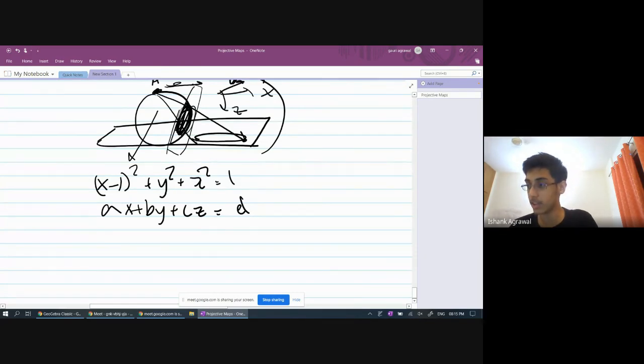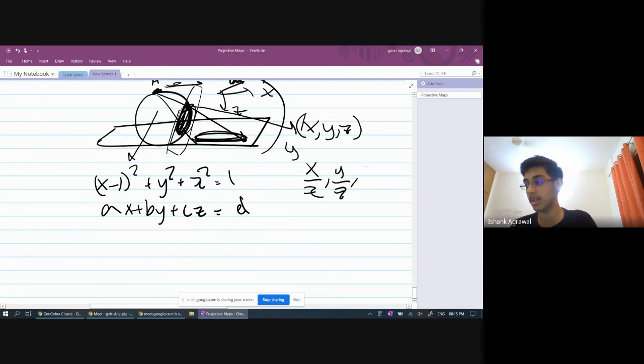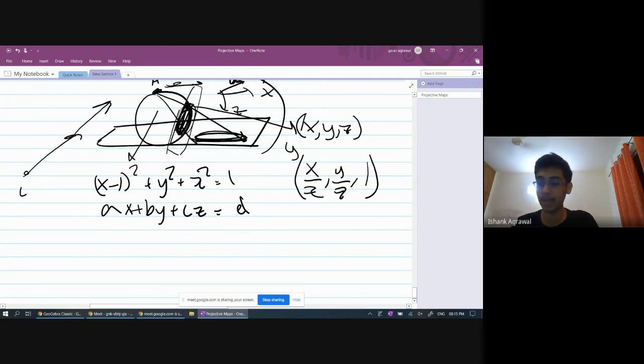And then that intersection we want, so for any point x, y, z that lies on the circle, the stereographic projection of that would be x by z, y by z, 1. Because whenever we take a line through an origin, it basically takes a, b, c to some lambda a, lambda b, lambda c, and we want z is equal to 1.